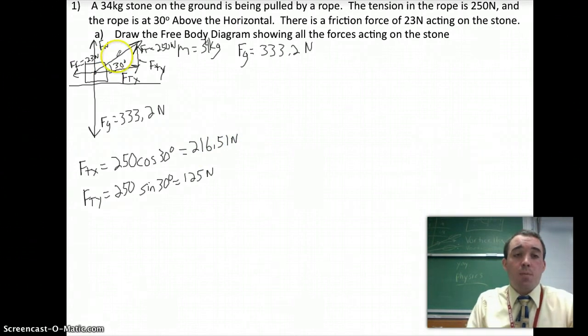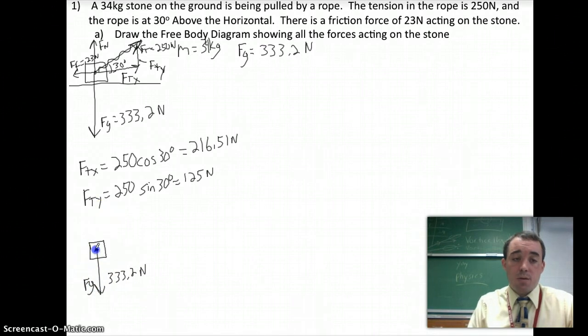All right, so now that I broke this arrow apart, I don't need it anymore. So I'm going to redraw my actual free body diagram. Force of gravity, 333.2 newtons.